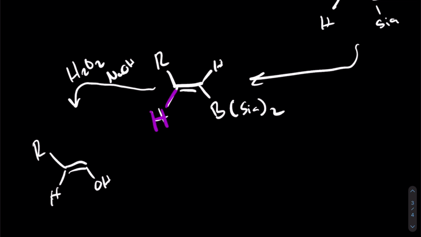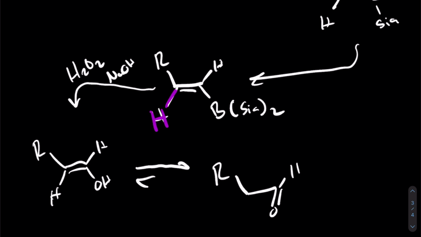And we're hopefully all now aware that this is not long for this world. It's going to have an equilibrium, and it's going to drive it this way. And that's going to give you an anti-Markovnikov style addition of an oxygen to give you, in this particular case, the aldehyde, right? So the oxidation of the borane product gives you the aldehyde.